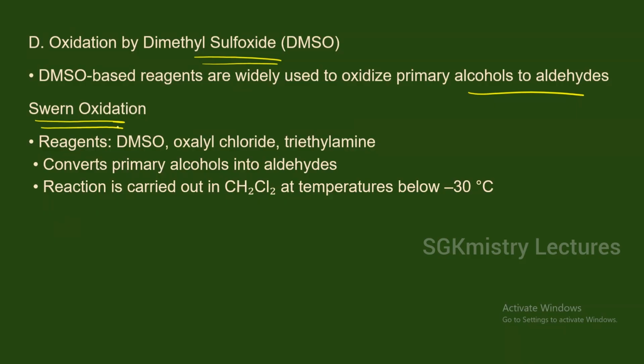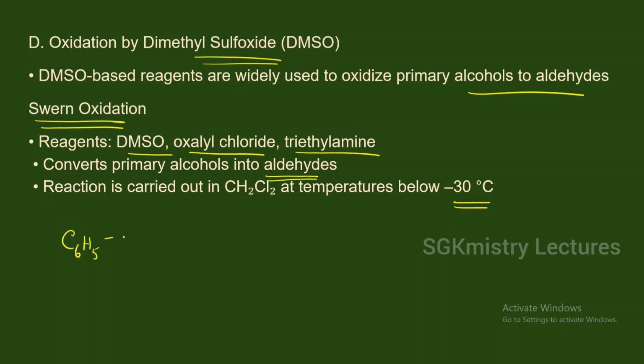So when you take these reagents, that is DMSO, oxalyl chloride, and triethylamine, we facilitate the oxidation of primary alcohols into aldehydes. And this particular oxidation has this name, the Swern reaction. Now this reaction is carried out in dry dichloromethane at low temperature, that is below minus 30 degrees Celsius. So let us write the reaction.